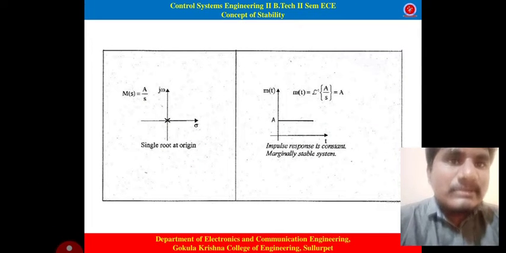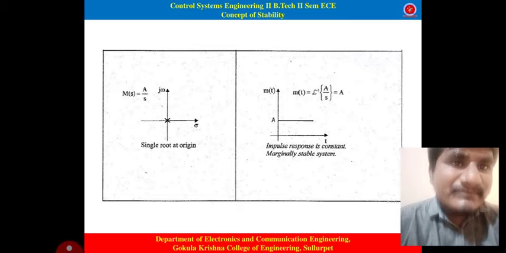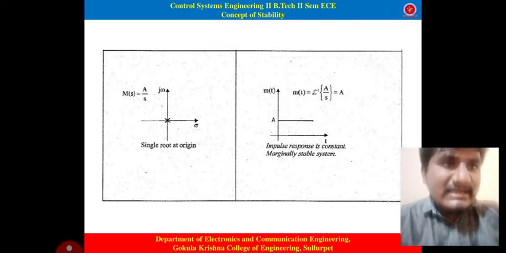So one more example, m of s is a by s. In this particular case, the pole is s is equal to 0. Okay, the pole is s is equal to 0. So the pole is given there, and the time domain function is a into u of t. The function is plotted.